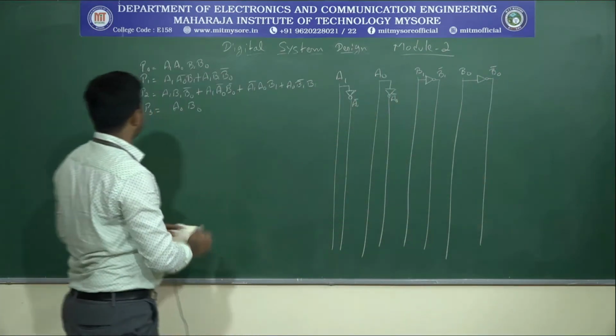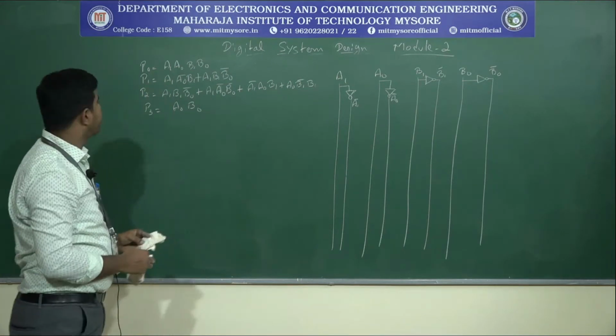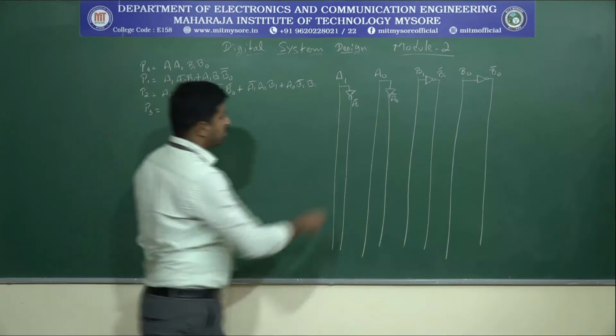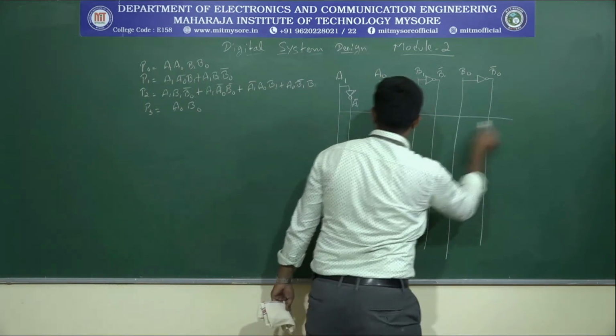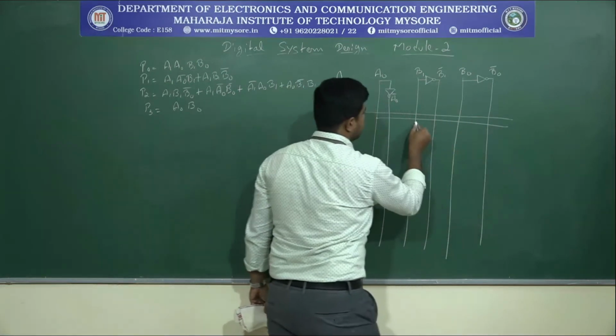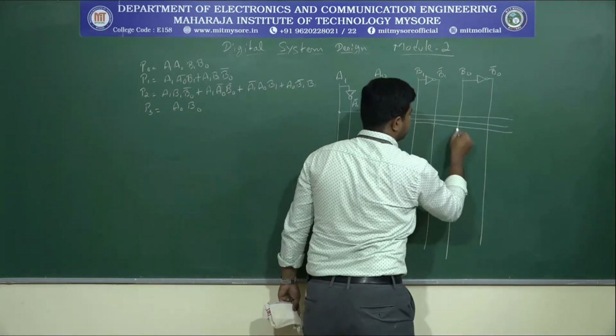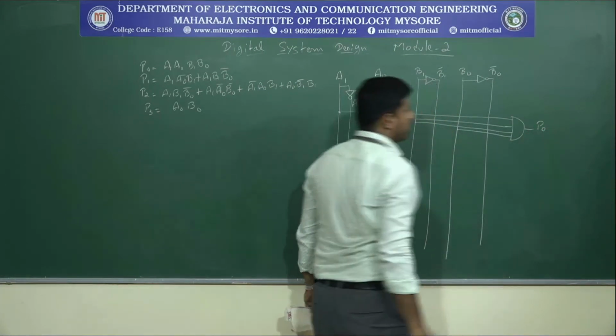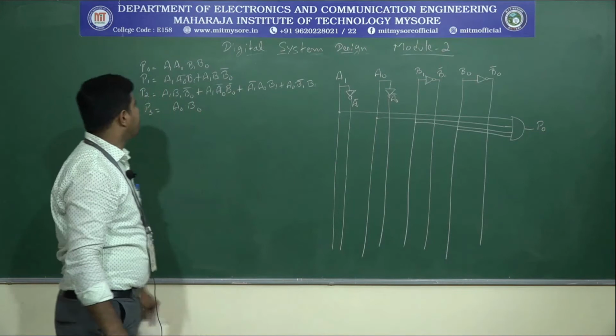Okay, so now let's write the logic diagram for the P naught, ANDing of A1 A naught B1 B naught. So this term here and all of these are ANDed together, and that gives the P naught.